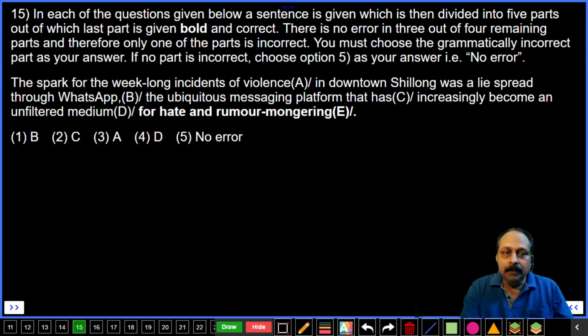Question number 15. The spark for the week long incidents of violence, the spark, the reason, the stimulus, the spark for the week long incidents of violence in downtown Shillong was a lie. What was the spark? Spark for what? The week long incidents of violence in downtown Shillong was, the entire context goes into the past.